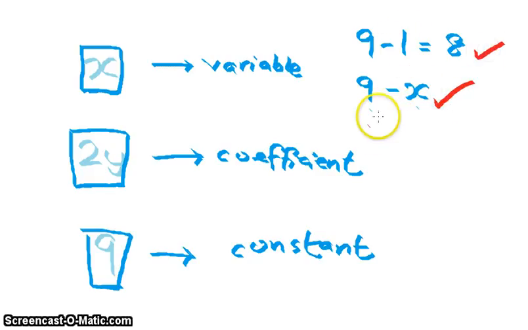Another example: what if you have x plus 2y? x is one type of alphabet, y is another type of alphabet. Therefore, this is also the answer. Unless they're in the same gang, they cannot combine.